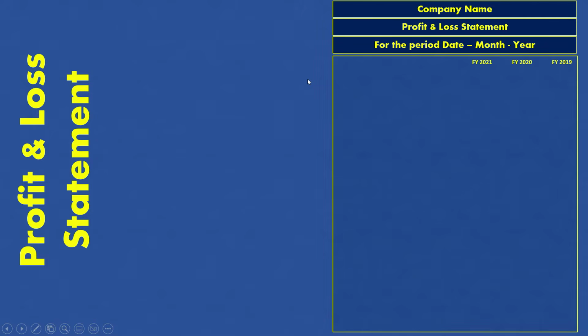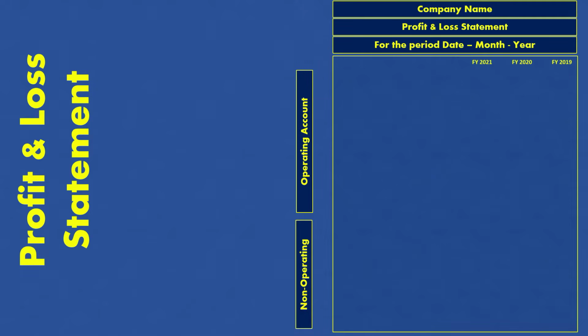Now let us come to the point that we are talking about here, and that is the overall report layout. So in this report, first of all, you will be classifying this report into operating and non-operating. The operating, that is going to be the core business activity. So on the top you will have the revenue, and of course this is going to fall in the operating area. So it means that this revenue is only the operating revenue of the business.